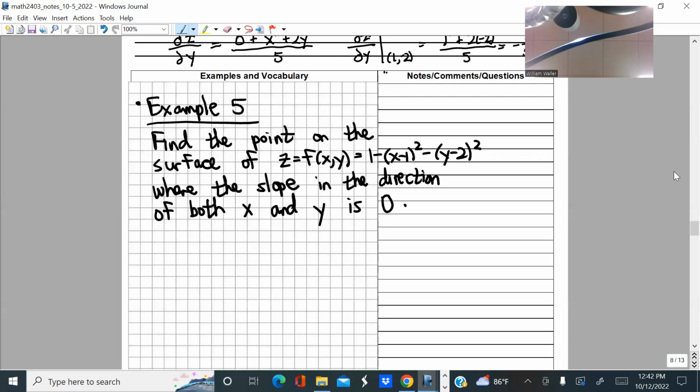How would you do it? That's right, exactly. Set each to 0, and then see if you can deduce a point that makes both of those 0 simultaneously. So see if you can find a simultaneous solution to those two equations. The two equations, as David said, are: take the derivative with respect to x and set that to 0, and take the derivative with respect to y and set that to 0.